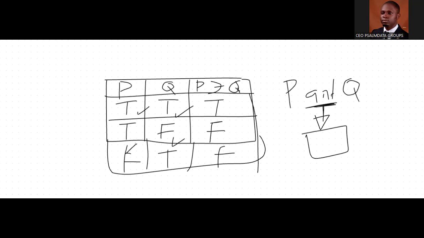So they can only become one thing if the two of them are true. Am I making sense? Yes. That is why the only condition under AND where you find true as the answer is when the two of them are true. In any other case, the answer will be false. You get it? Yes, I understand.